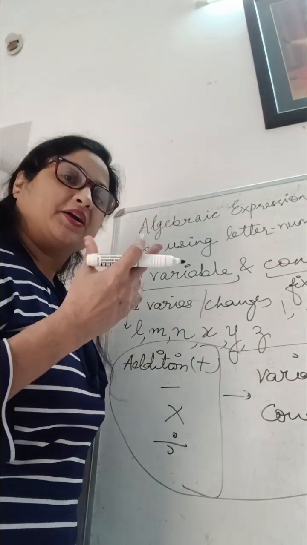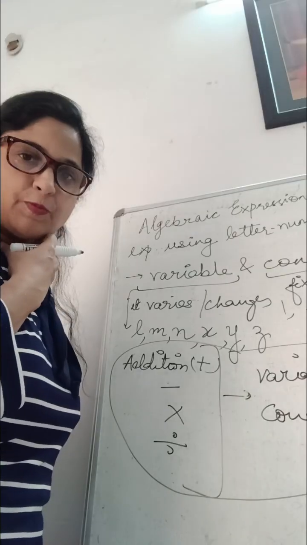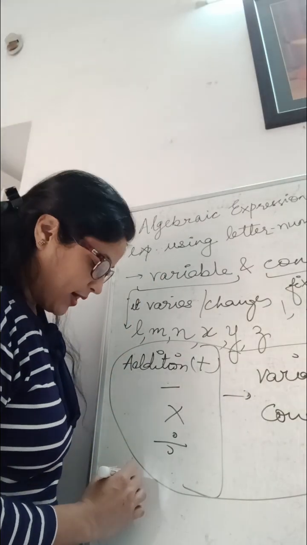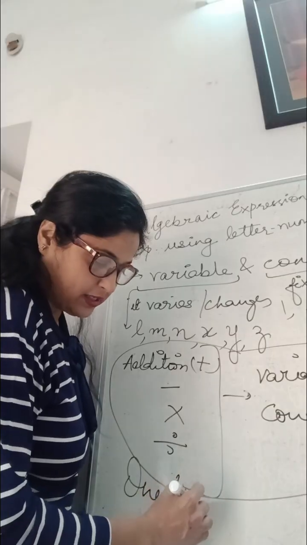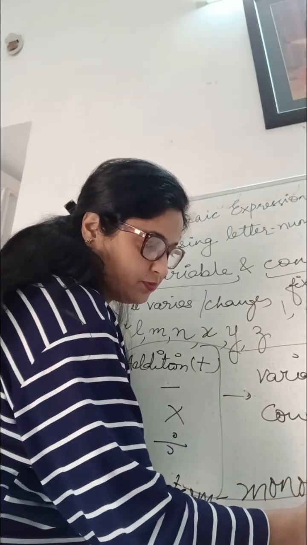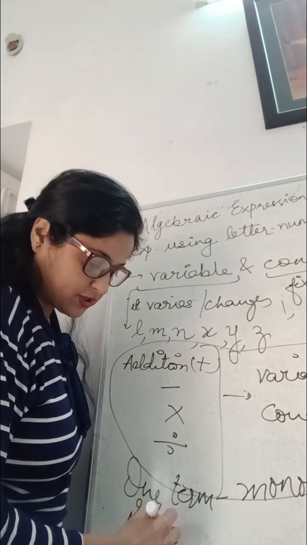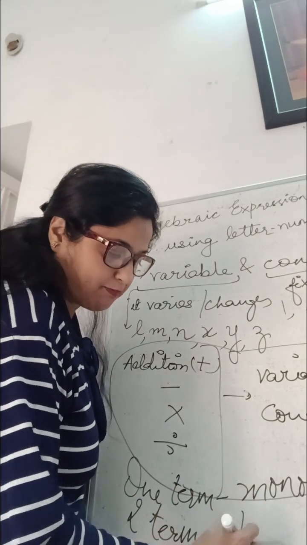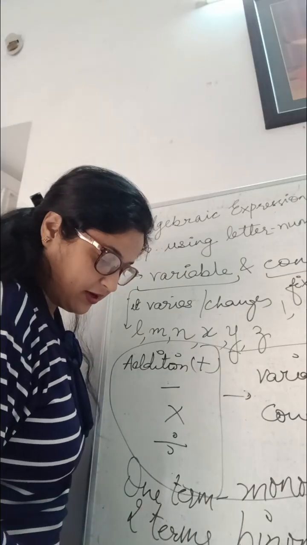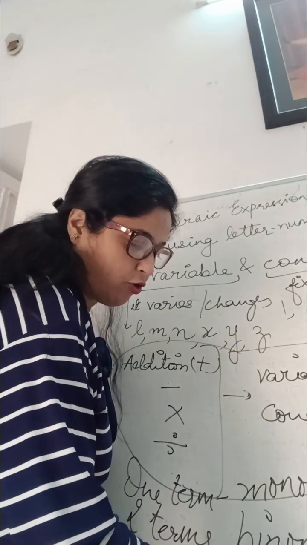Now there are different terms in these expressions also. These expressions are made up of terms. A one-term expression is called a monomial. If there are two terms, it will be called a binomial. If there are three terms, it will be called a trinomial.